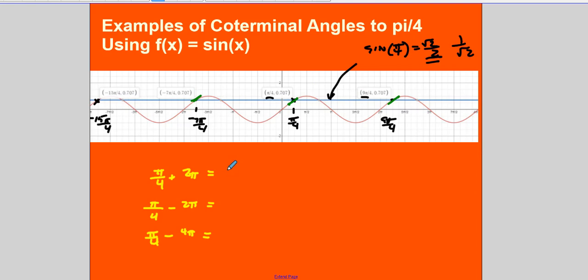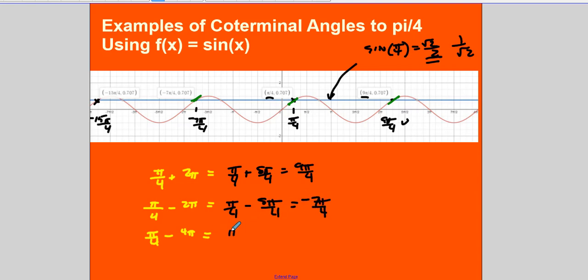Again, we did this earlier, but pi over 4 plus 2 pi would be pi over 4 plus 8 pi over 4, which is 9 pi over 4, which we have right here. Pi over 4 minus 2 pi is pi over 4 minus 8 pi over 4, which is -7 pi over 4.